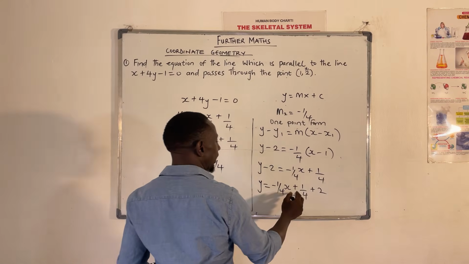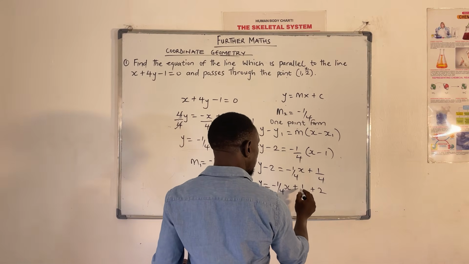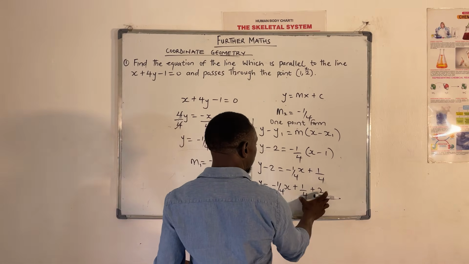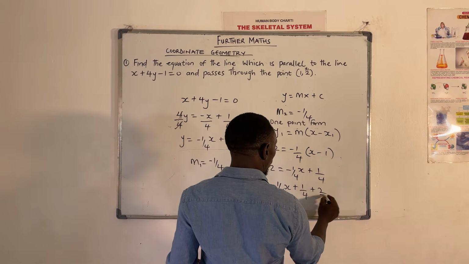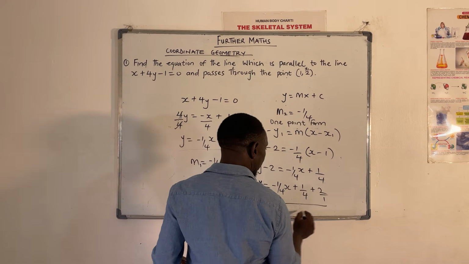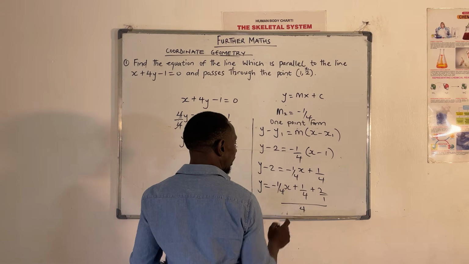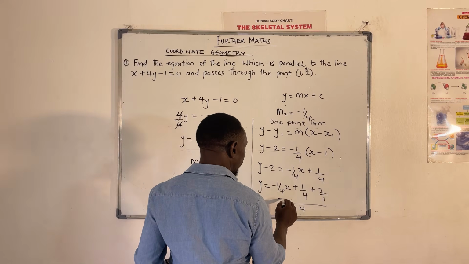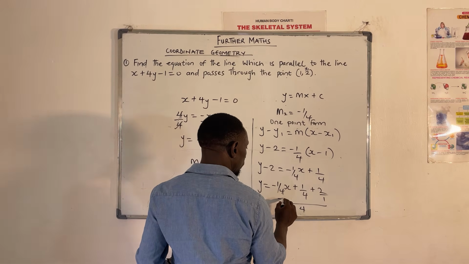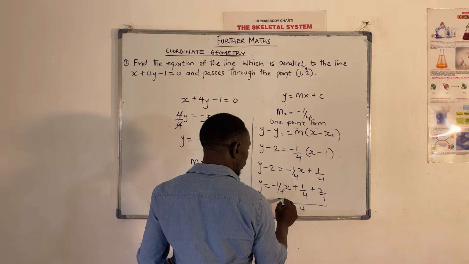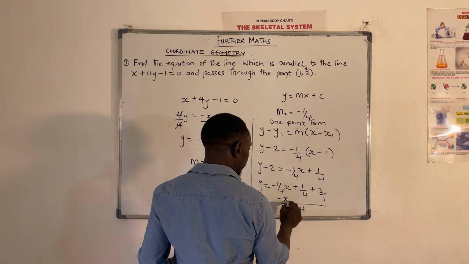So you can just simplify this. If you make the 2 over 1, what is the LCM here? For all of this, the LCM is 4. How many 4s can you get in 4? 1. 1 times this will give you minus x here.